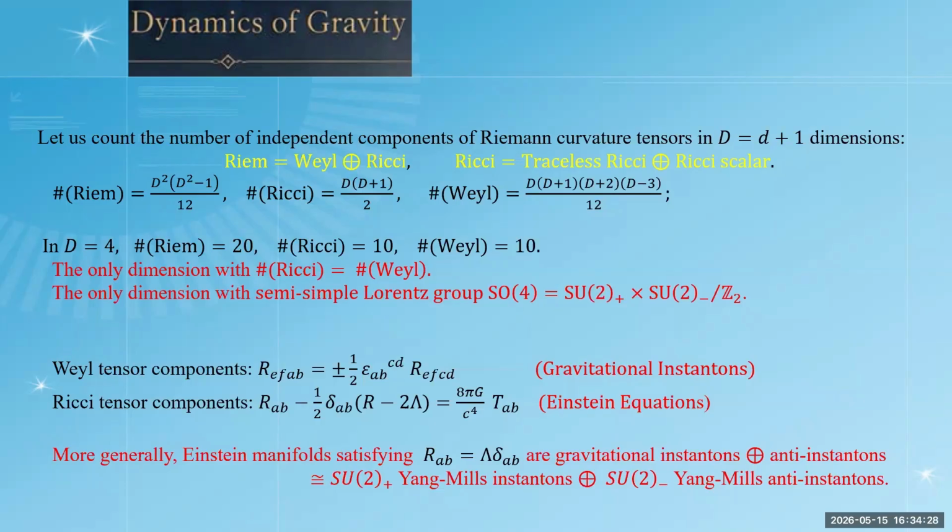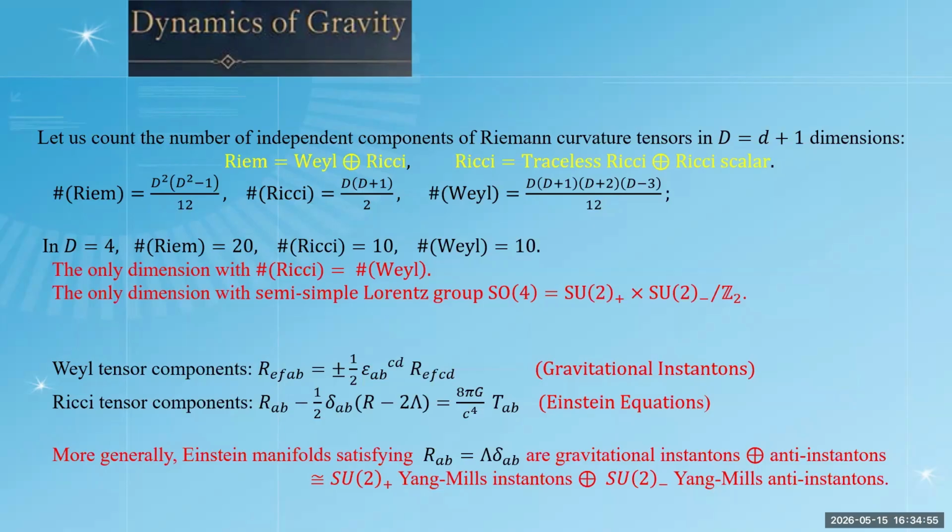And as I mentioned, SO(4) is split into a double copy of SO(3). The splitting is deeply related to the self-dual structure of two-forms. So the self-dual structure of two-forms appears in gravity and gauge theory. And there is a deep relation between Yang-Mills instanton and gravitational instanton.